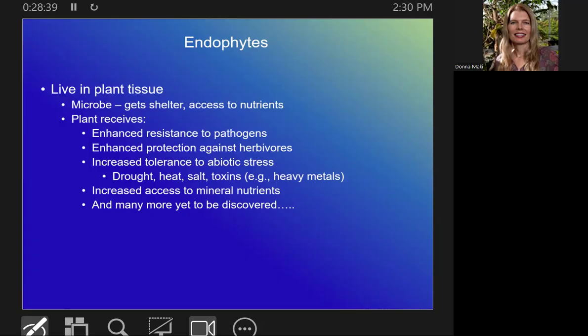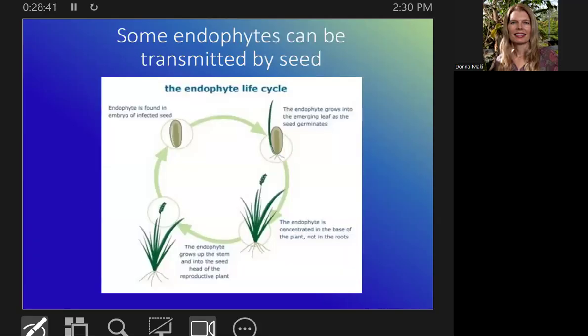And so there have been some really nice studies that show conclusively that when the seed is getting formed, if you think about angiosperms, where the flower was pollinated, you get fruit production, as those seeds are getting produced, the microbes from the mother plant can migrate to the seed and become part of the seed.